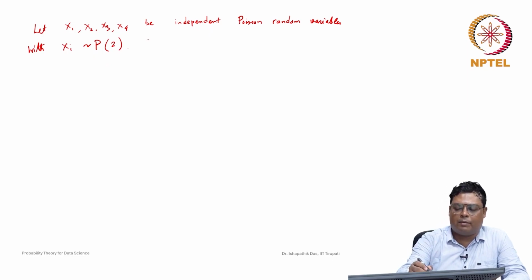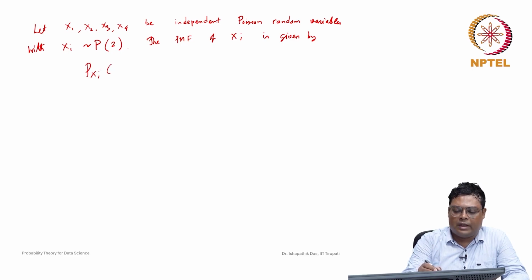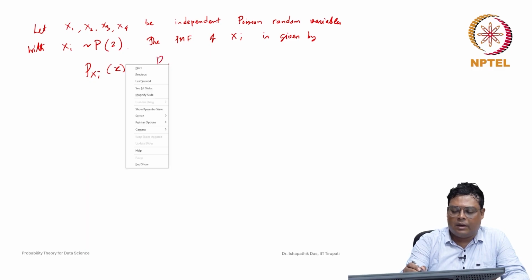So what will be the probability mass function? The probability mass function of xi, because it is a Poisson random variable, is given by the probability that the random variable xi is taking some value x.